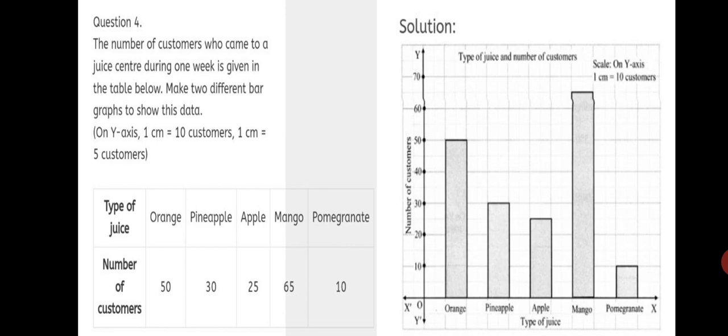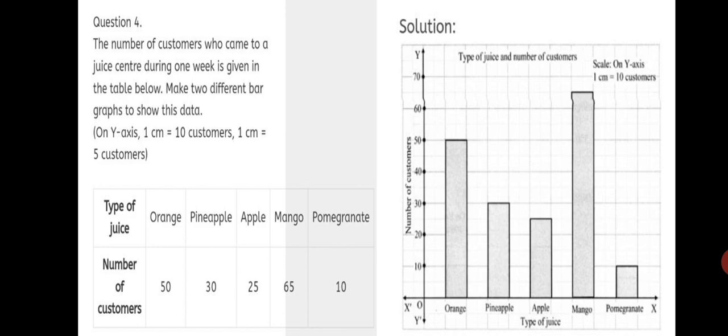Orange 50, pineapple 30, apple 25. So between 20 and 30, you will get the number 25. Exactly 5 lines above 20 is 25. Since 1 centimeter is equal to 10 customers, 5 lines will be for 5 customers.